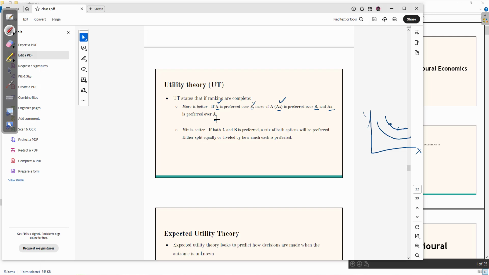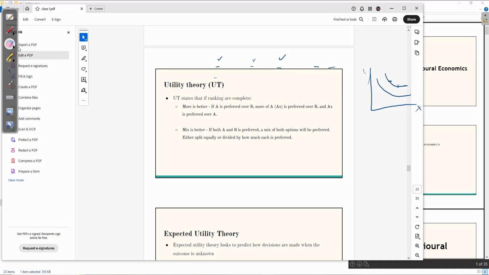And if A is preferred over B is the first thing, more of A is preferred over A, and then obviously more of A is also preferred over B. Then mix is better: if both A and B are preferred, a mix of both options will be preferred. So this is the idea, that you would like to get some quantity of both the goods in certain quantities.